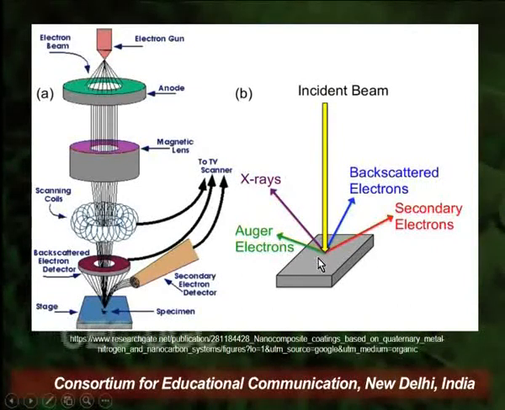It also generates some amount of X-rays and also generates Auger electrons. So all of these reflected electrons and various secondary types of electrons are used to perceive a computer generated image of the sample surface.